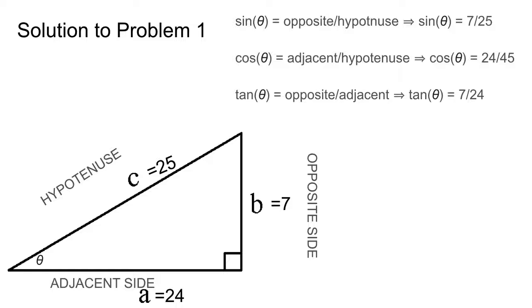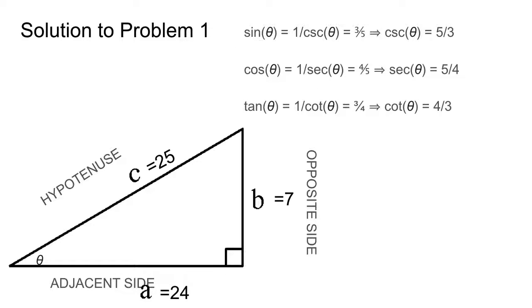Tan is opposite over adjacent, so it is this. Now look at the reciprocal functions. Cosecant is the reciprocal of sine, so it is this. Secant is the reciprocal of cos, so it is this. And cotangent is the reciprocal of tangent, so it is this.